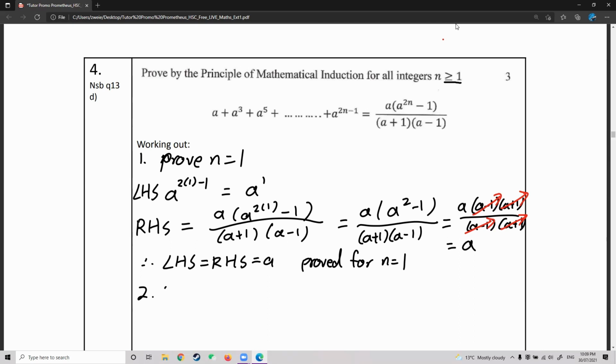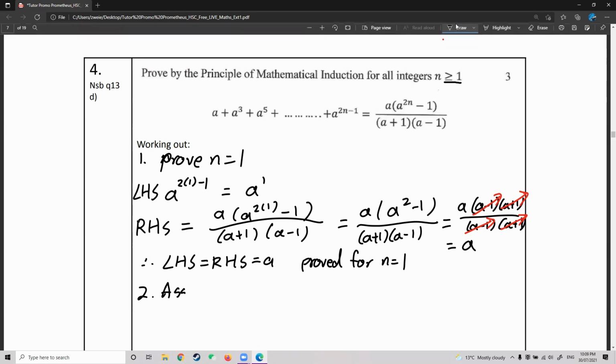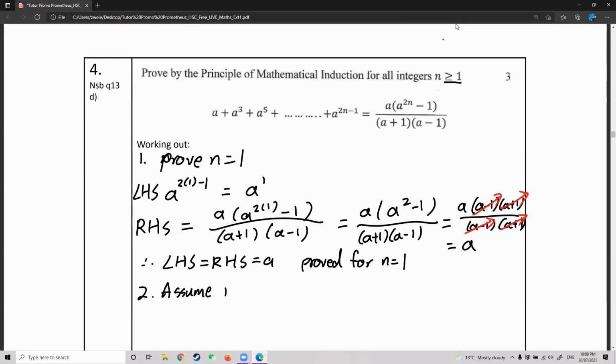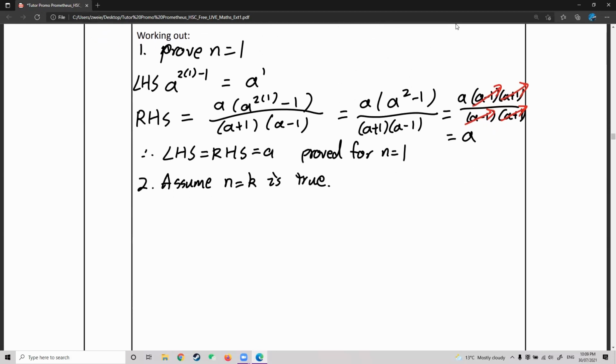Now, we just assume n equals to k is true. Normal process: prove n equals to 1, assume n equals to k, and then prove n equals to k plus 1.